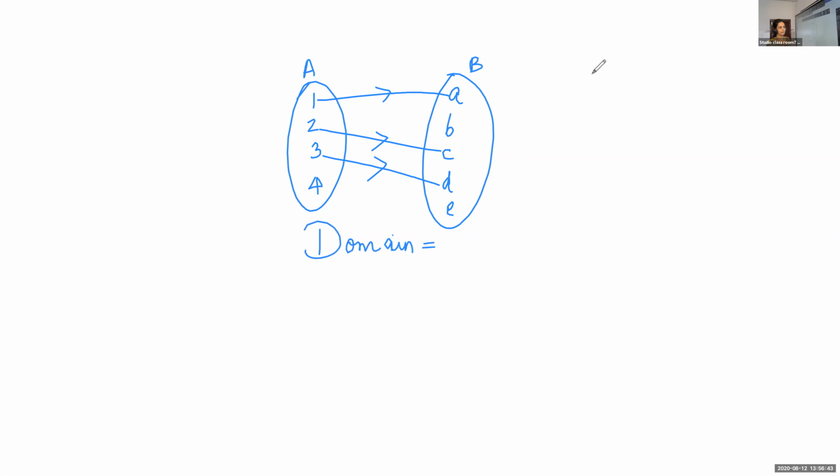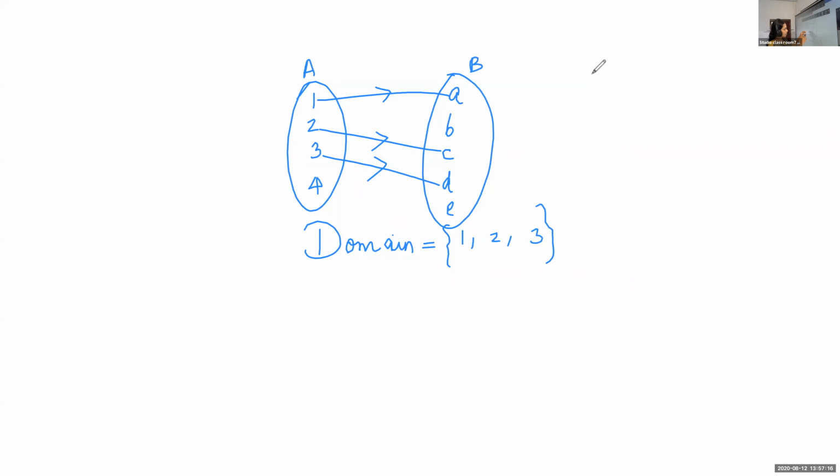Now, can you give the domain? What is meant by domain? The set of all first elements in the relation will give the domain. Which elements are present in the domain? 1, 2, 3. Why are we not taking 4?